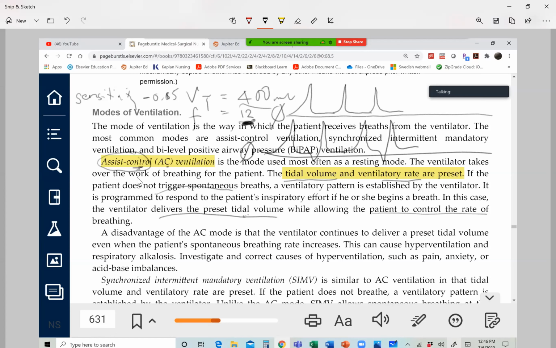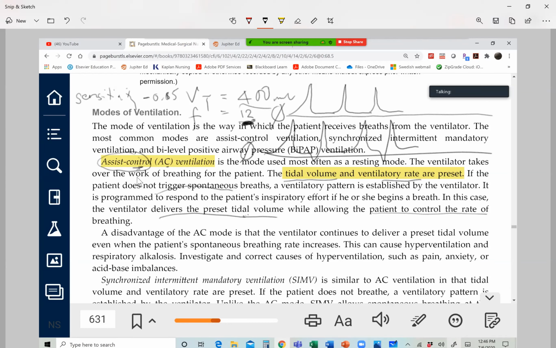So if they take 12 breaths on their own, plus the 12 that the vent delivers, because again, the vent will not give less than 12, regardless of how many spontaneous breaths the patient takes, the vent will not lower the 12, because that is the preset rate. The vent is programmed to deliver 12 regardless. However, it's also programmed to assist the patient whenever the patient initiates a breath.